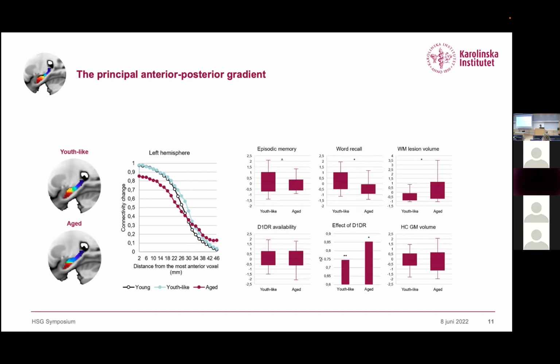They did not show any difference in gray matter volume, nor in average level of D1 receptor availability. And there was a significant effect of D1 on gradient properties in both of these older groups. And they did, however, also differ on white matter lesion volumes, suggesting maybe some vascular dimension to this grouping.